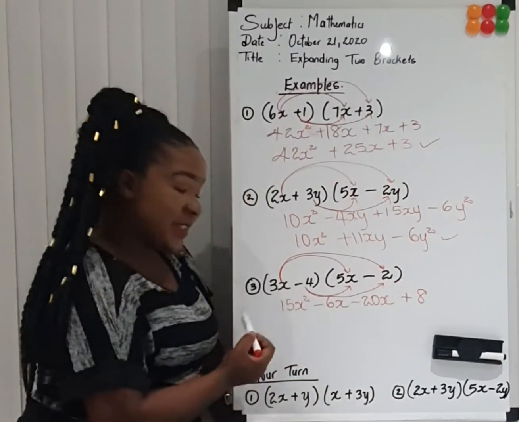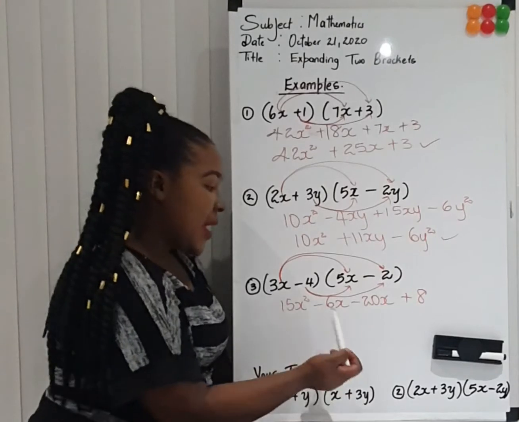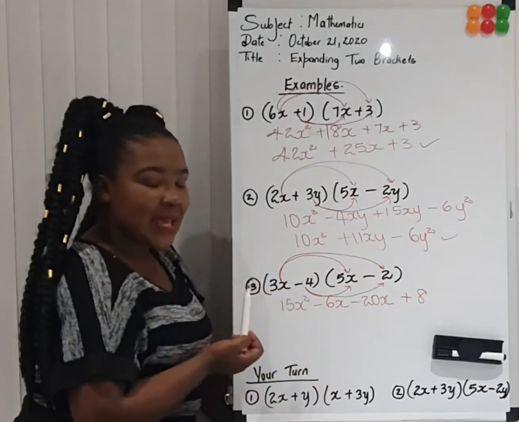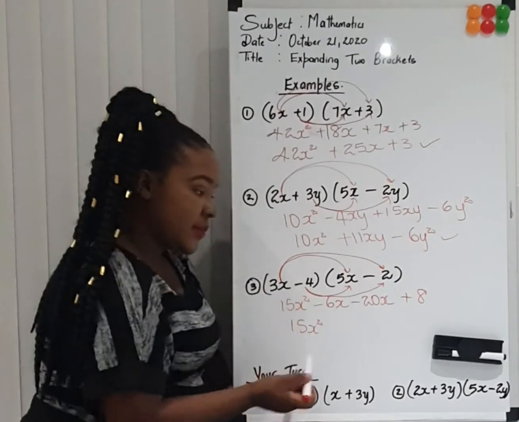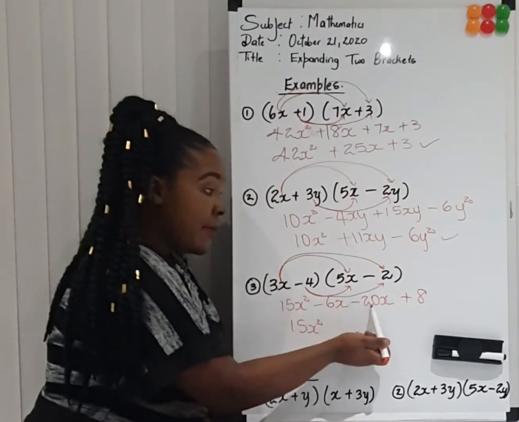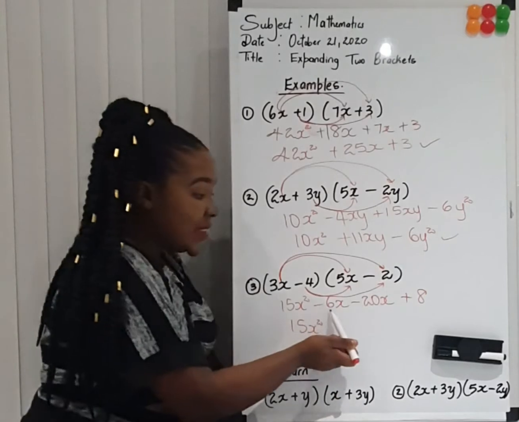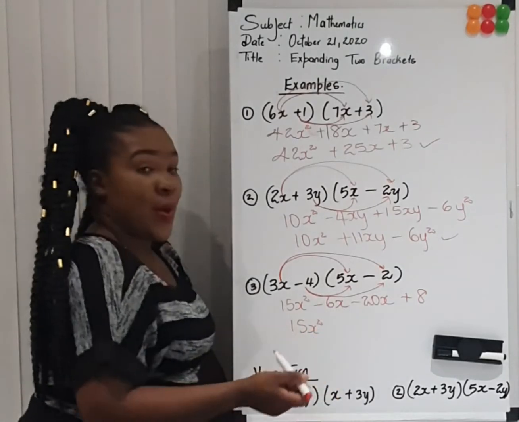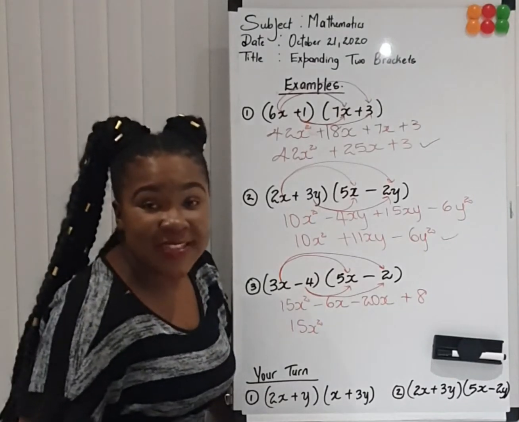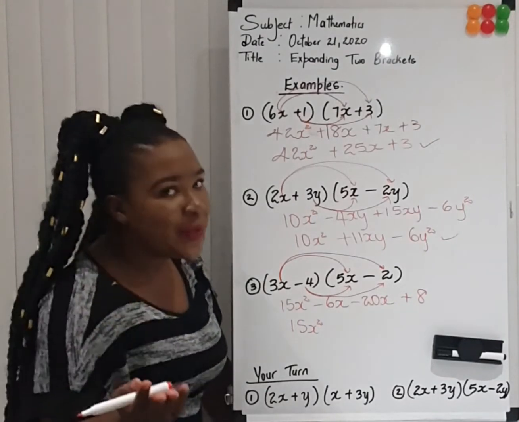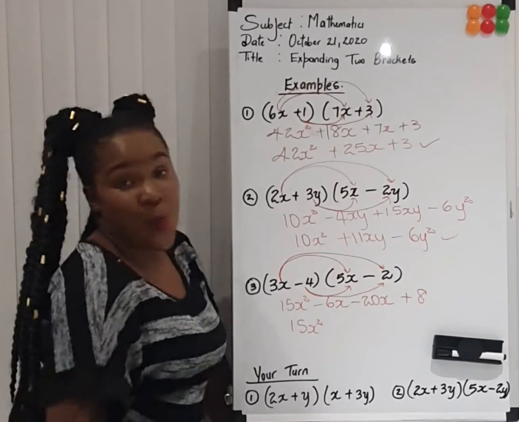So we have 15x squared minus 6x minus 20x plus 8. So that is 15x squared minus 6x minus 20x, or negative 6x and negative 20x. Oh, the signs are the same. What do we do when the signs are the same? We add.